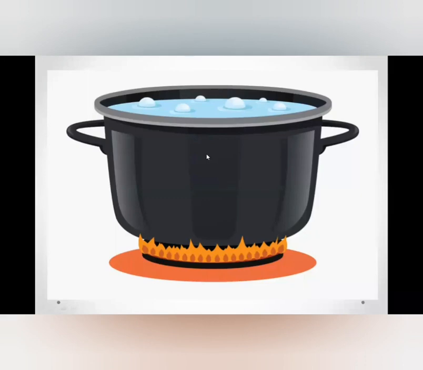So the process is like this: the hot bubbles come up, which brings up the hot water from the lower portion, and the upper portion water gets down.